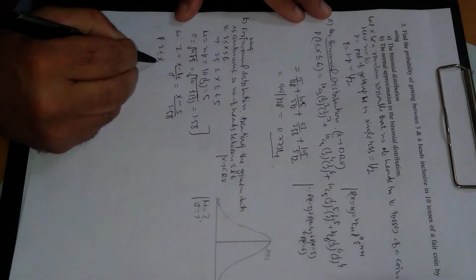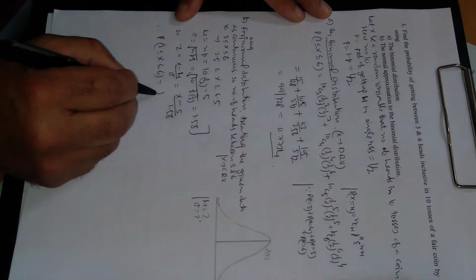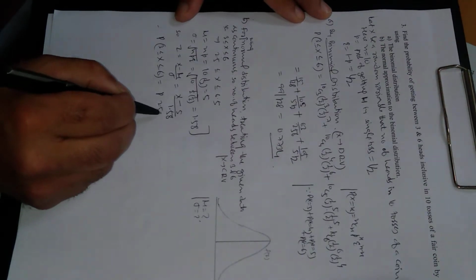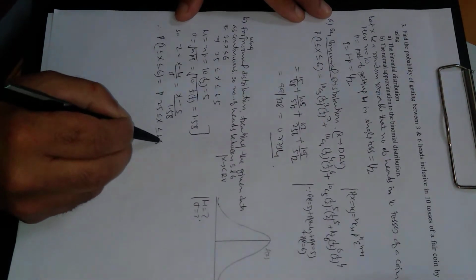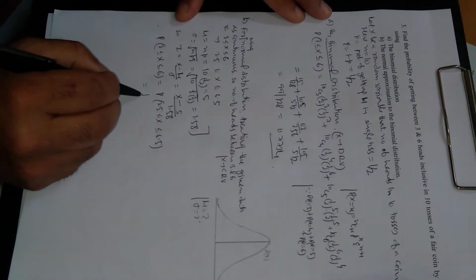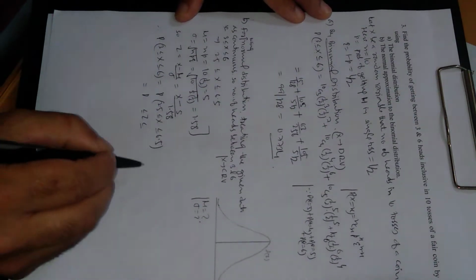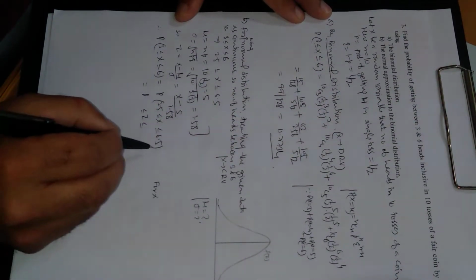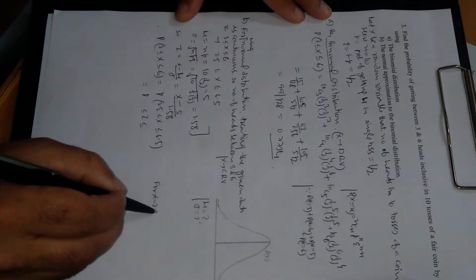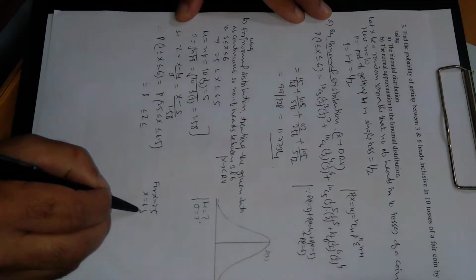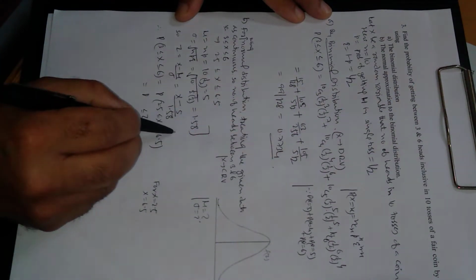Therefore the probability between 3 and 6 can be written as the probability that 2.5 is less than x less than 6.5. Now we have to convert this in terms of z. The first x value is 2.5 and the second x value is 6.5.